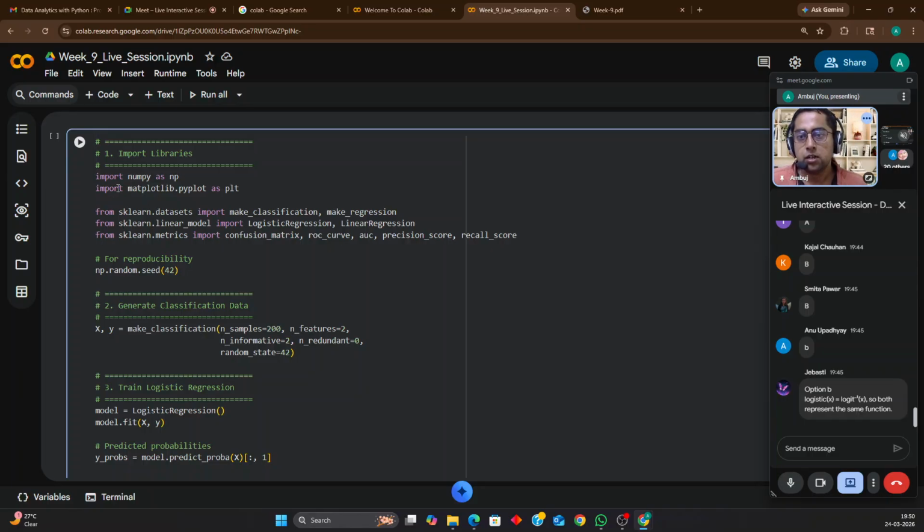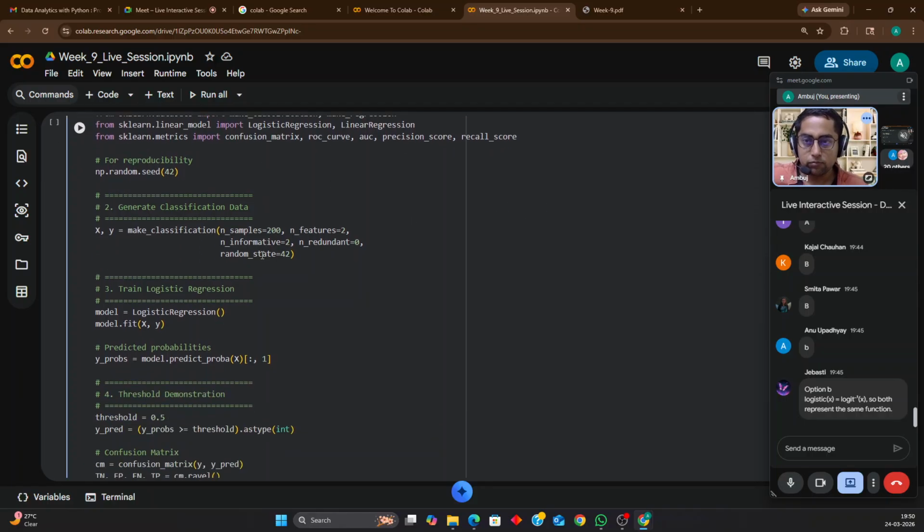So, importing libraries, first of all, importing NumPy as np, matplotlib pyplot as plt, sklearn datasets, you have imported classification, regression, logistic regression, linear regression, then sklearn.metrics, I have imported confusion matrix, ROC curve, AUC, area under ROC curve, precision score, recall score.